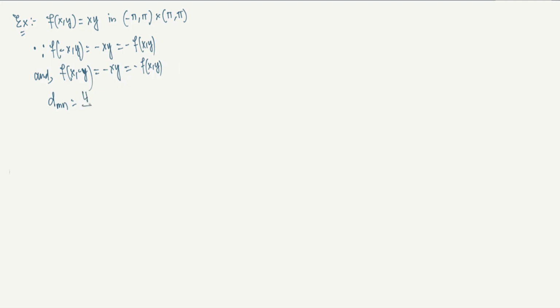And what is d_mn? In our case, as I told you, you have to check it, but it is written like this: 4 by pi squared, integral from 0 to pi, and x times y, f(x, y), which is xy, sin nx, and then sin my dx dy. If you check, you use Fourier. Again, this is very, very important that you know how to work out.